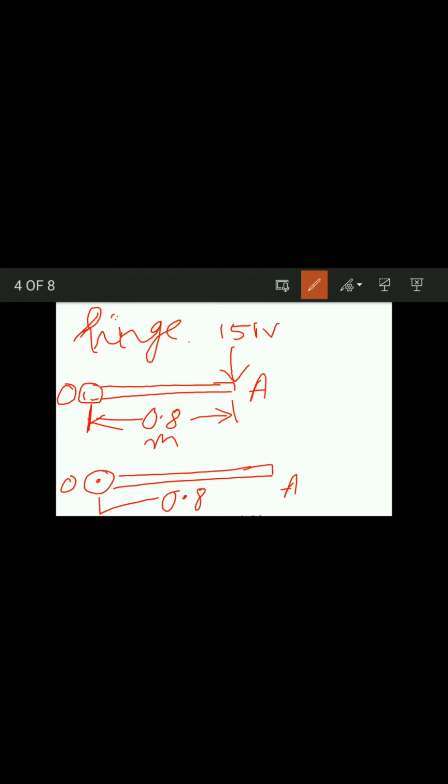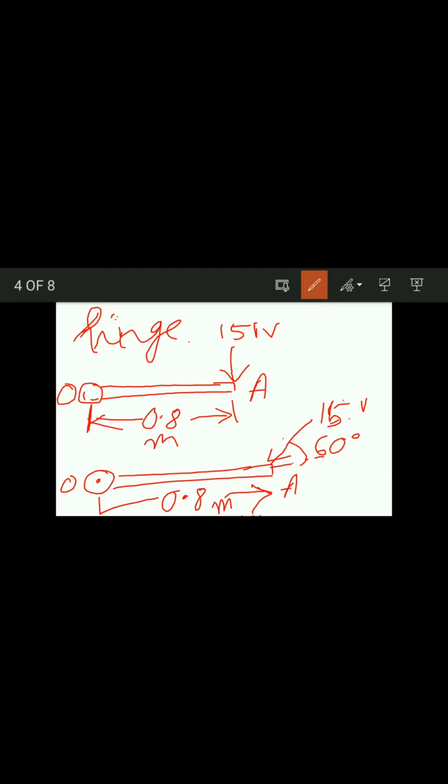This is 0.8 meter, and the force will act in this direction. This is 15 Newton. The magnitude is the same, but the direction of the force is different. Here the force will act inclined at an angle 60 degree with the horizontal. So in the two cases we have to find the moment of the 15 Newton force about the point O, that is at a distance 0.8 meter from the point of application.